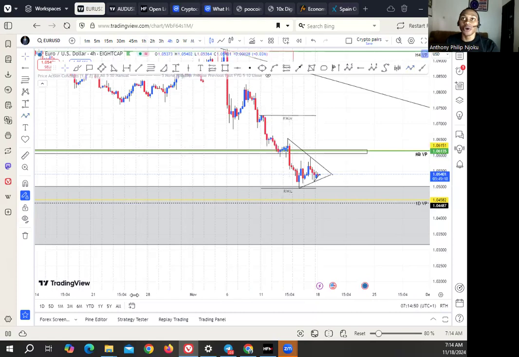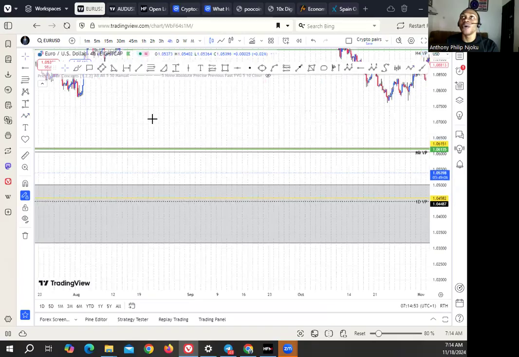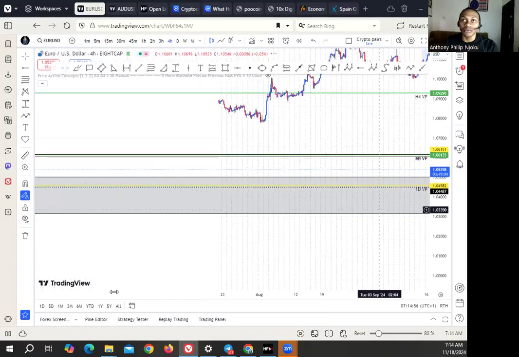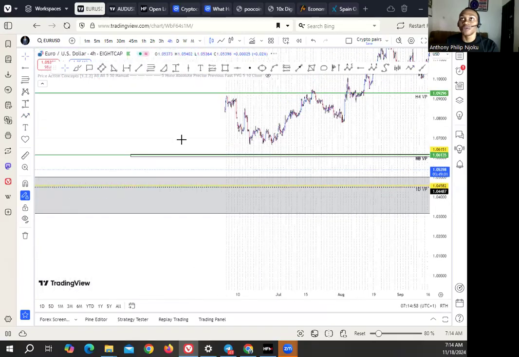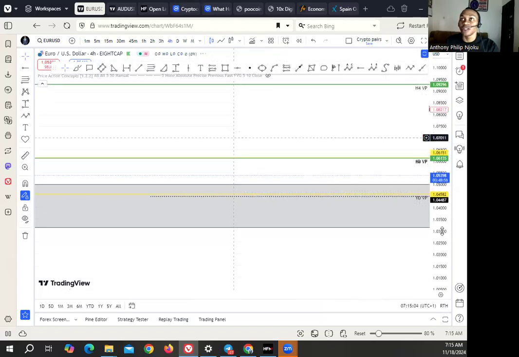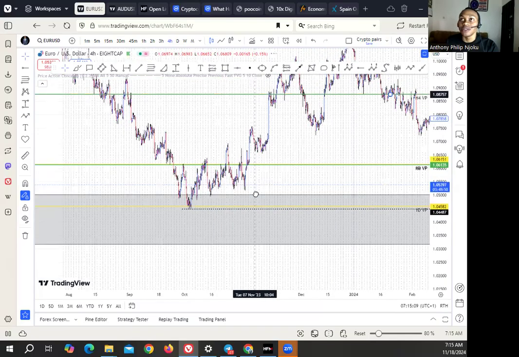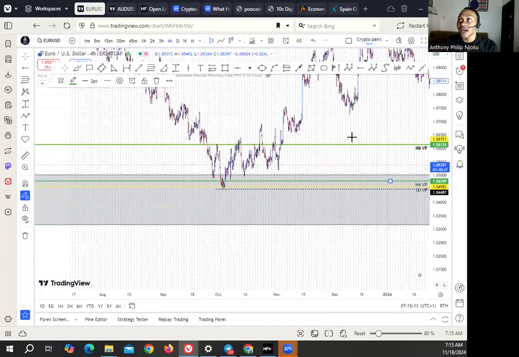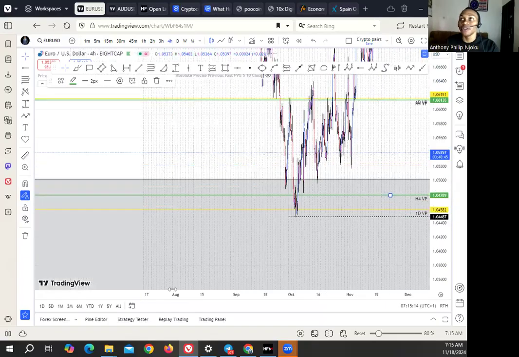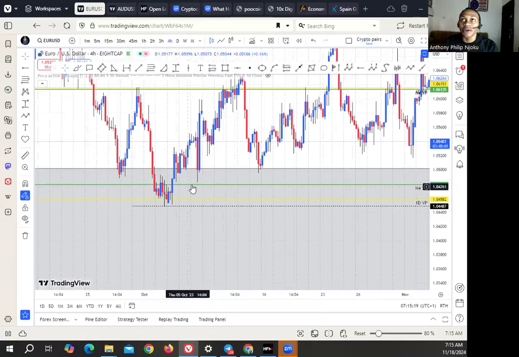As well, I can spot out a 4 hours demand zone. Let's go to where we spotted out the daily demand, and I'll mark it out with this line as well. So let's go in and search deeper at this point. Over here, this is the 4 hours demand zone.